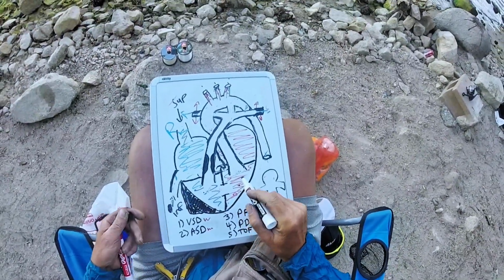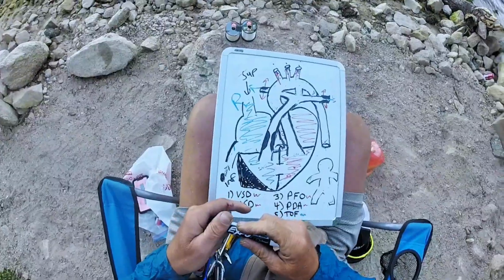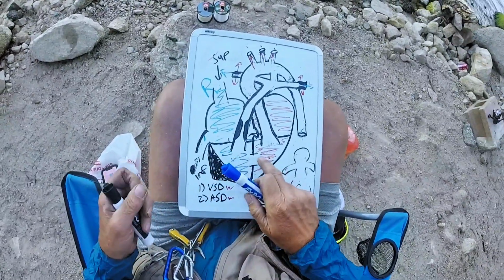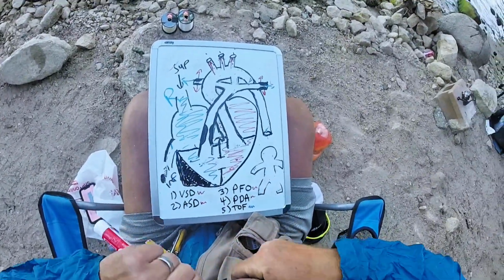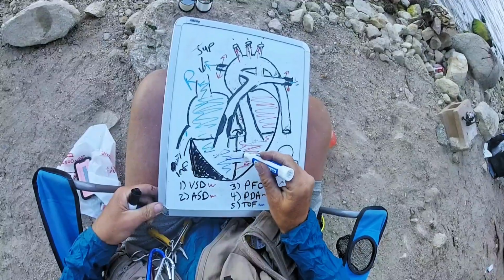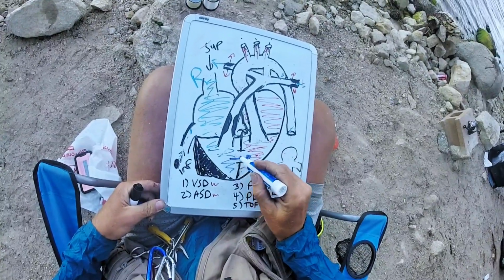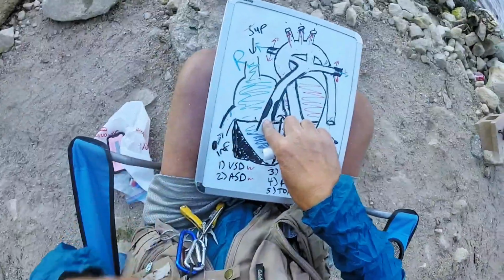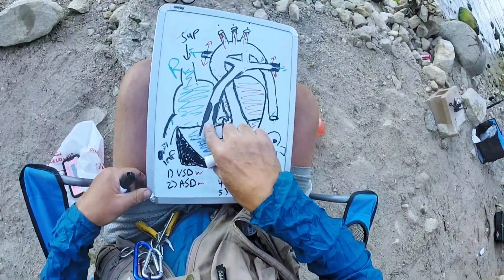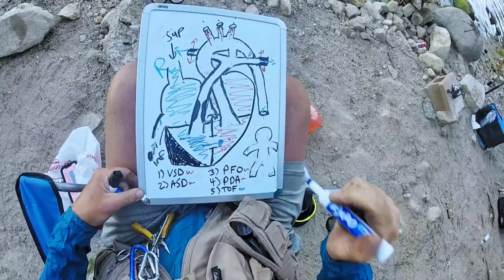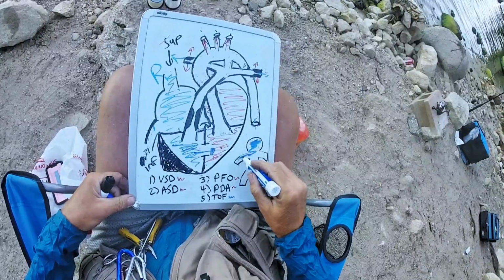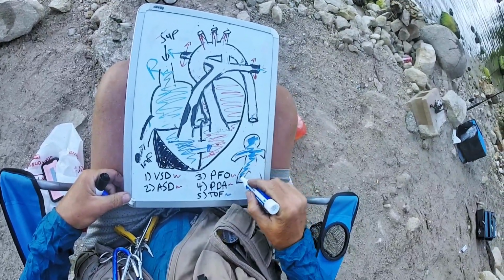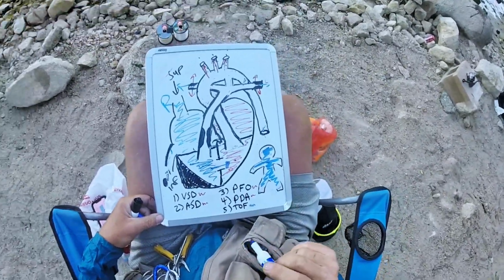yeah, okay. And then we are going to start out with not a left to right shunt, but might be born with a what? Right to left shunt. Yes, okay. Why? Because of this narrowing of the pulmonary trunk in addition to the shunt. Yes, so this poor little baby may be born with cyanosis.